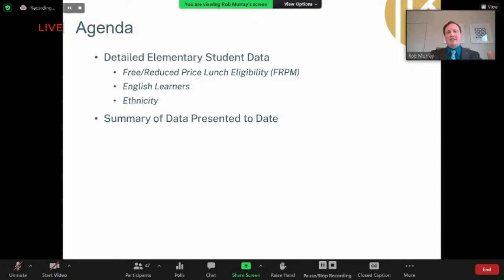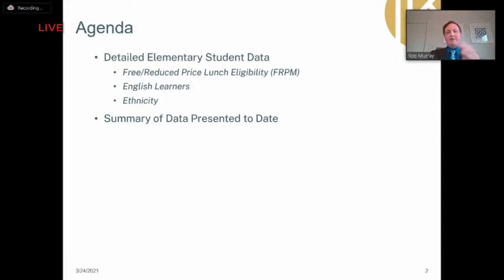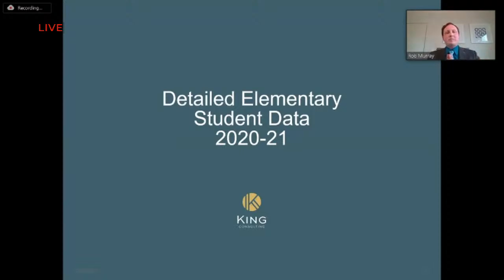It's organized so that instead of you as the committee having to flip around, trying to compare numbers from this chart and that chart, all 8 of the elementary schools are put side by side in order, so that you can quickly and efficiently see and compare those data points. So with that said, I'm going to get into the detailed student data from the current school year.